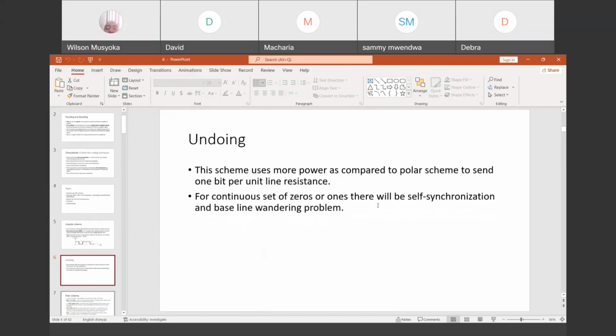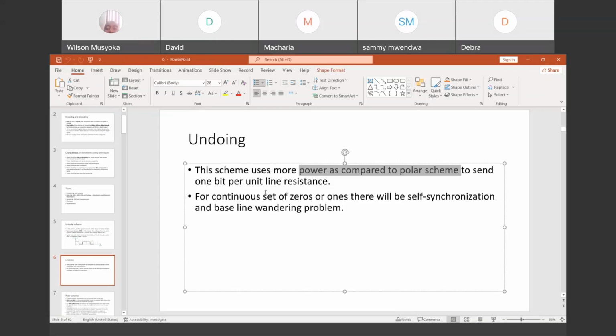Its biggest undoing, though it looks very simple, and one of the reasons why it is not so popular, is that it uses more power compared to the polar scheme to send 1 bit per unit line resistance. So that is one of the undoings.